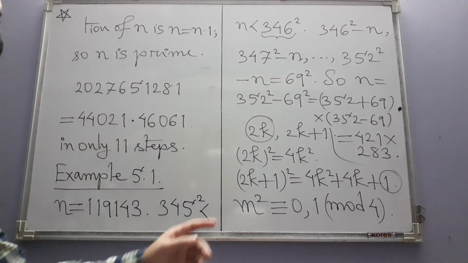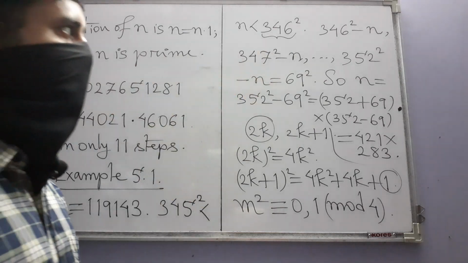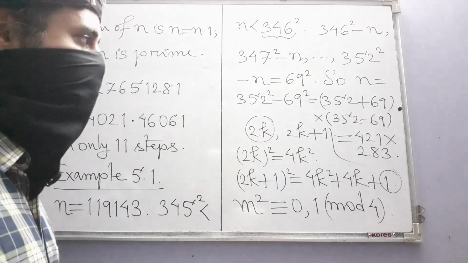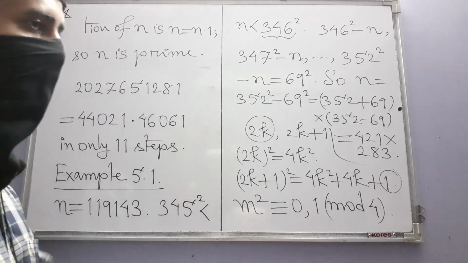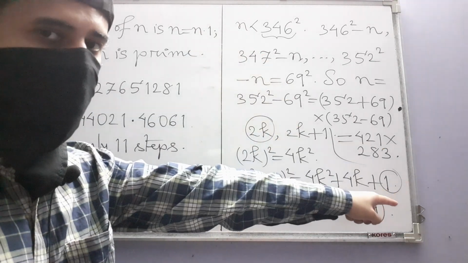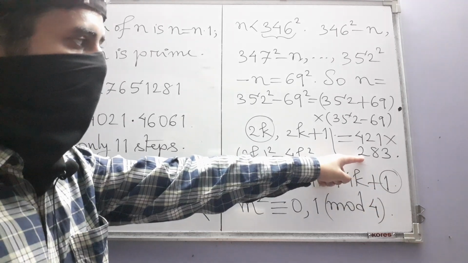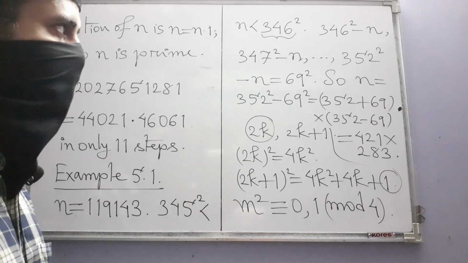So you get a factorization of this number in only a few steps, I think in 7 steps. But again, I am repeating that this is not always the case. One may have to look at many numbers before one even gets a square, and that gives you a factorization.